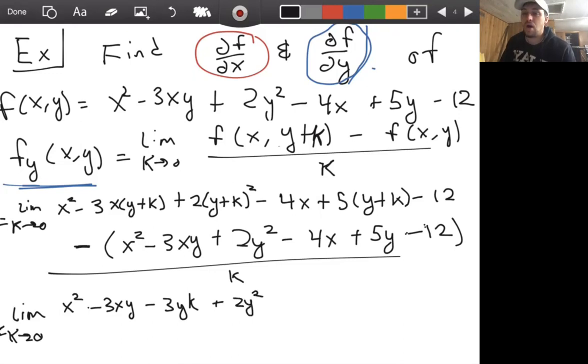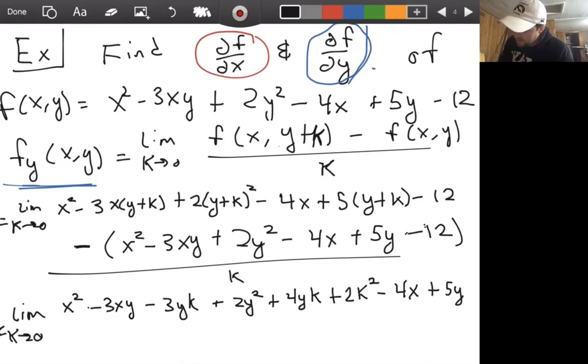It's going to be 2yk, but it's 2yk times 2, so this is plus 4yk, and then plus 2k squared minus 4x plus 5y plus 5k minus 12.